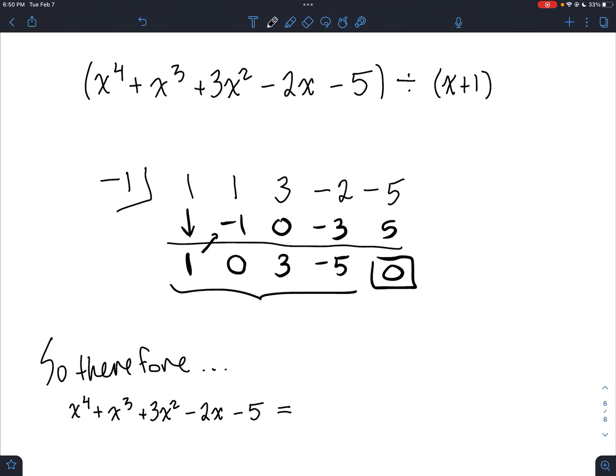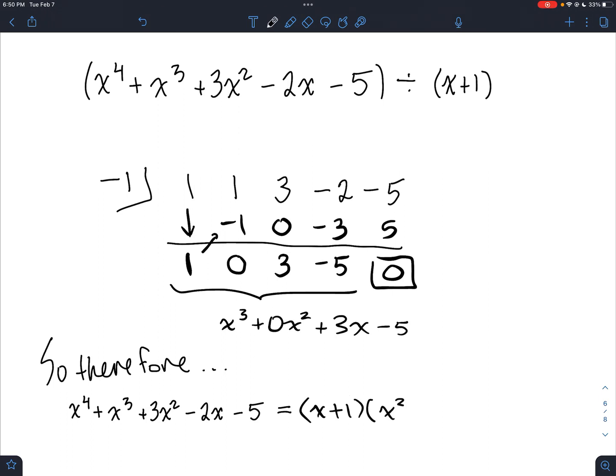And this here has 4 terms. One's a 0, but it has 4. So it would be a cubic actually: 0x squared plus 3x minus 5.